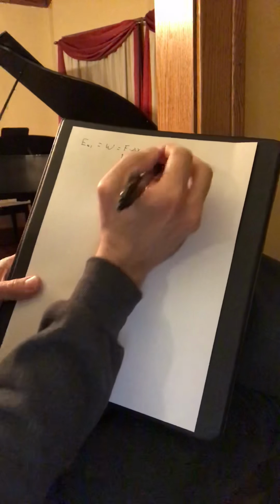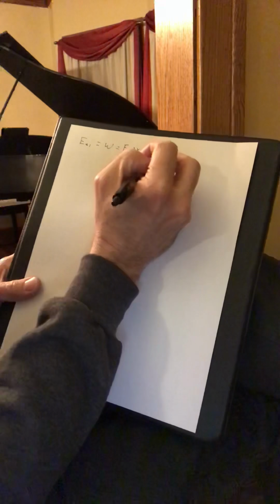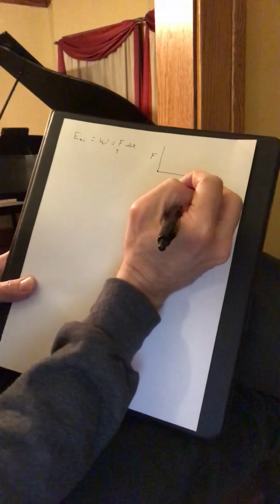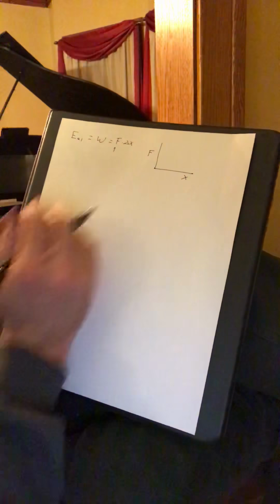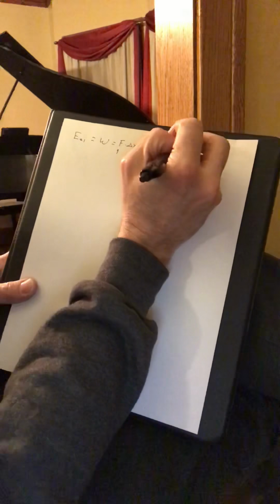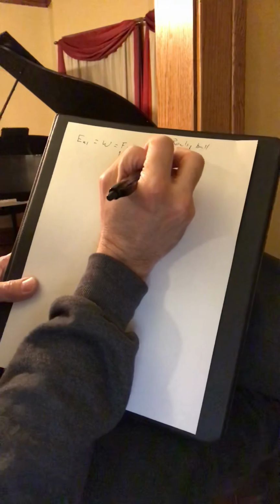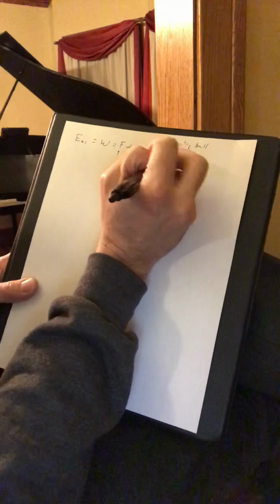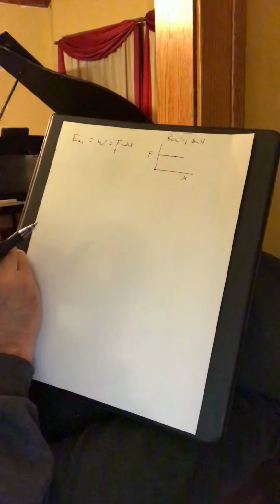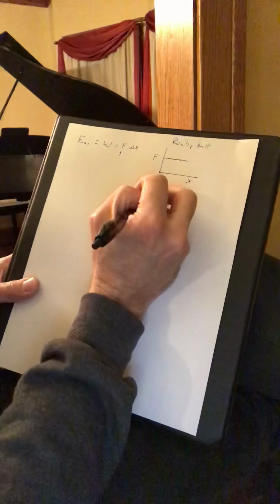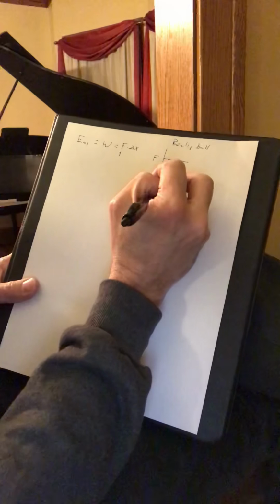Well, let's go back before we do that and think about what that graph of F versus X looked like for the bowling ball. When I exerted a force on the bowling ball, it was constant. What's that going to look like now for the rubber band?